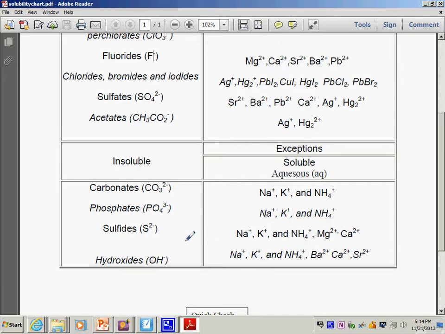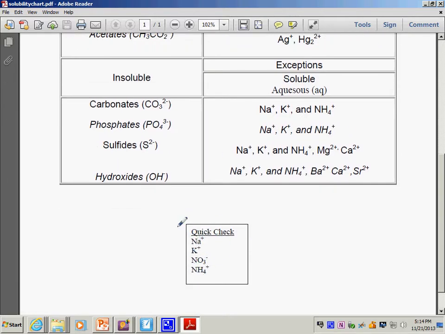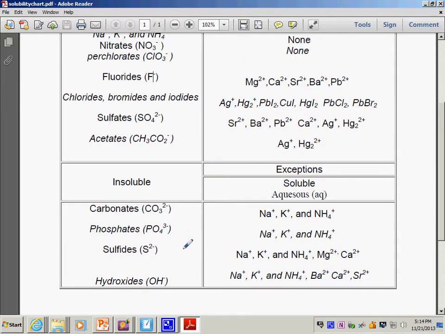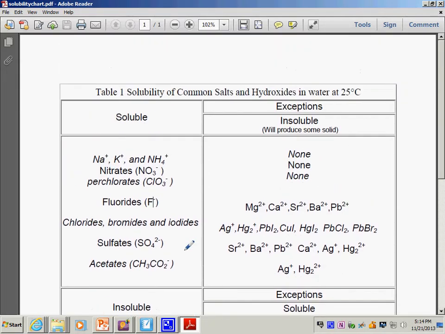Things are always somewhat soluble. I mean, lead fluoride has some solubility. It could be literally on the order of 10 to the negative 10th, meaning that 1 in every 10 billion molecules dissolves. This is generally considered soluble, generally considered insoluble.